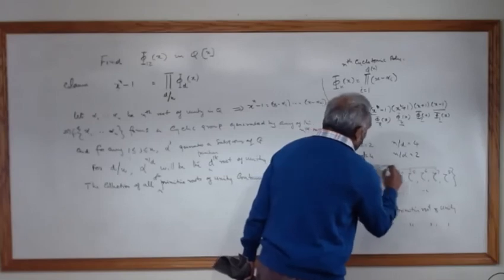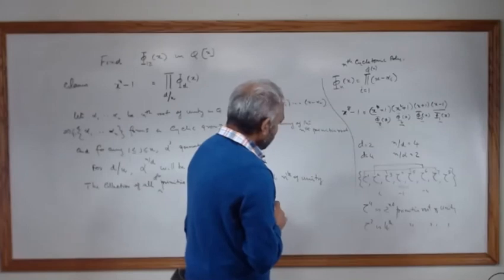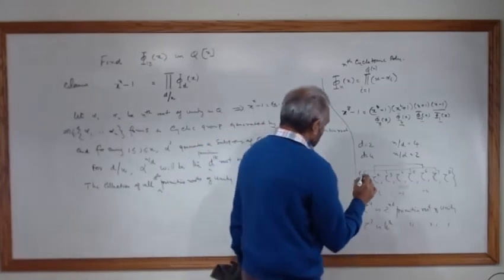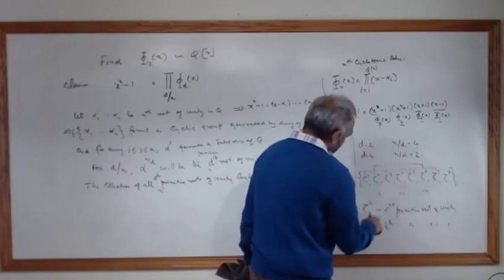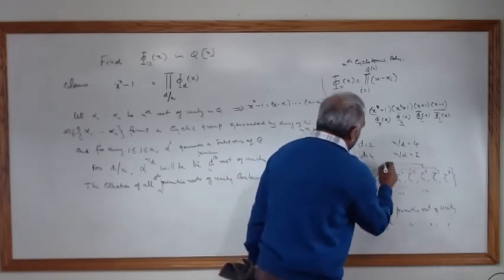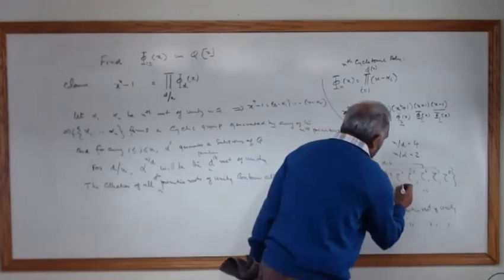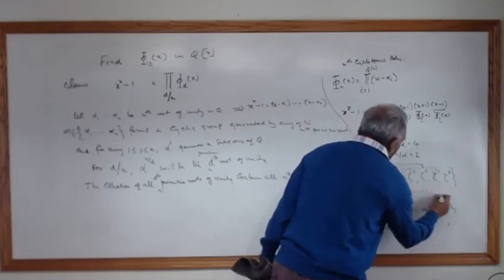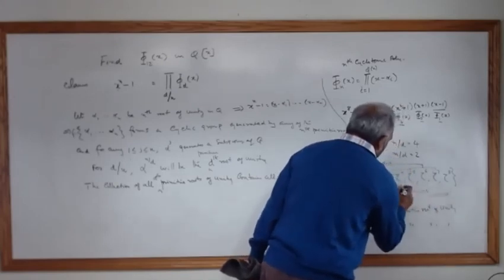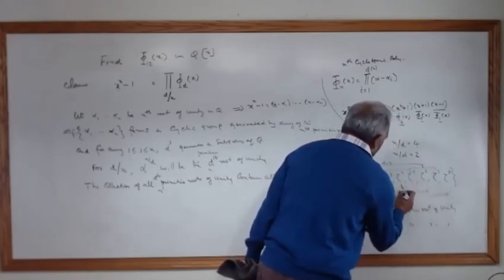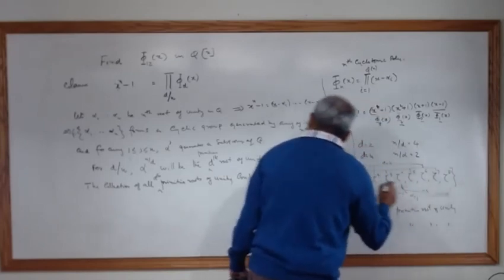So these two are when d is equal to 4, and this one, this is actually equal to, not this one. This one will be d is equal to 2. So that's what I'm saying.